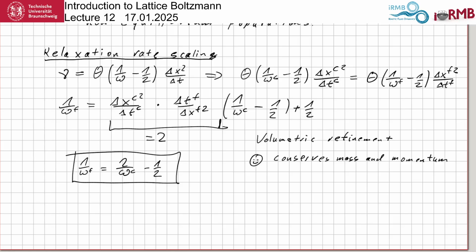You will always find people saying this is the most important thing, conserving mass and momentum. But it's pretty simple to conserve mass and momentum, because there are very simple and very wrong methods that conserve mass and momentum, and there are very good methods that are not conservative.